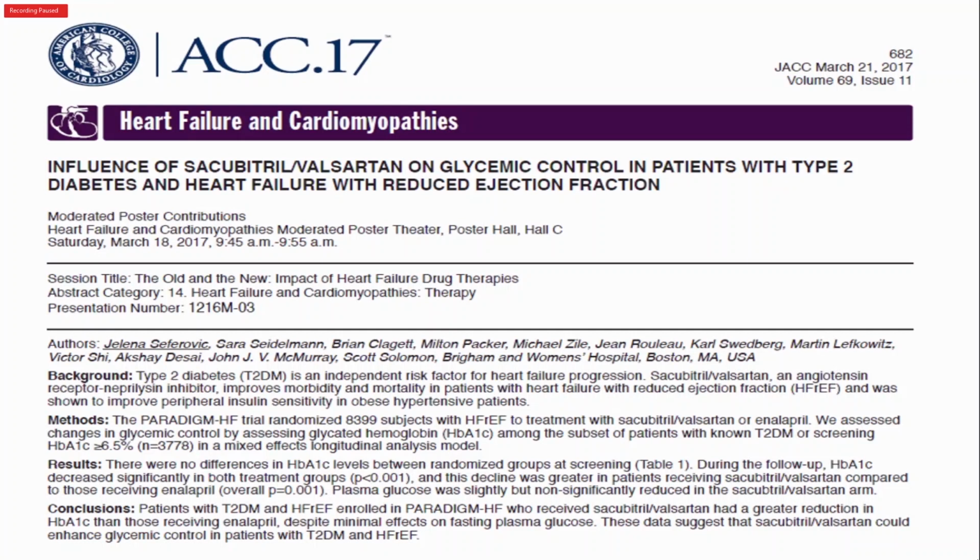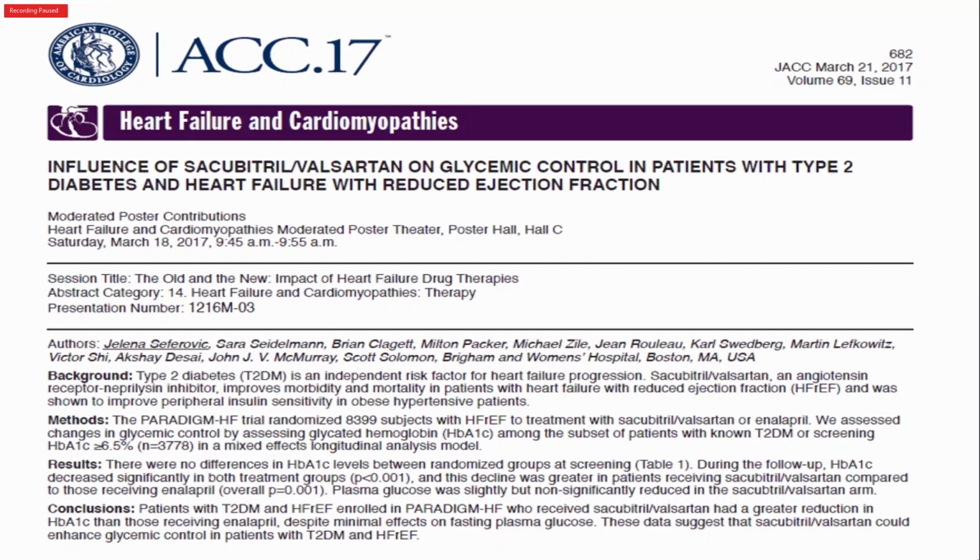So this study looked at the influence of sacubitril valsartan on the glycemic control of these patients. The conclusion of the study is that patients with type 2 diabetes and HFrEF who received the trial drug had a greater reduction in HbA1c than those receiving enalapril, despite minimal effects on fasting plasma glucose.